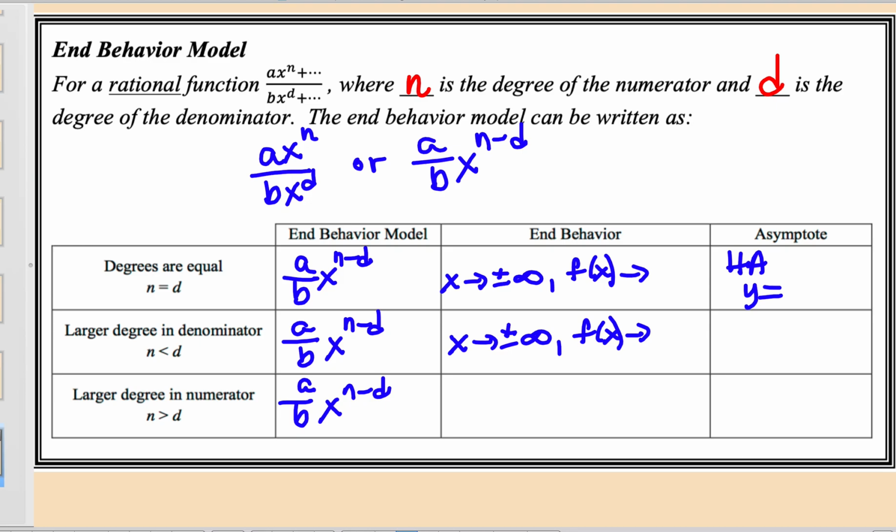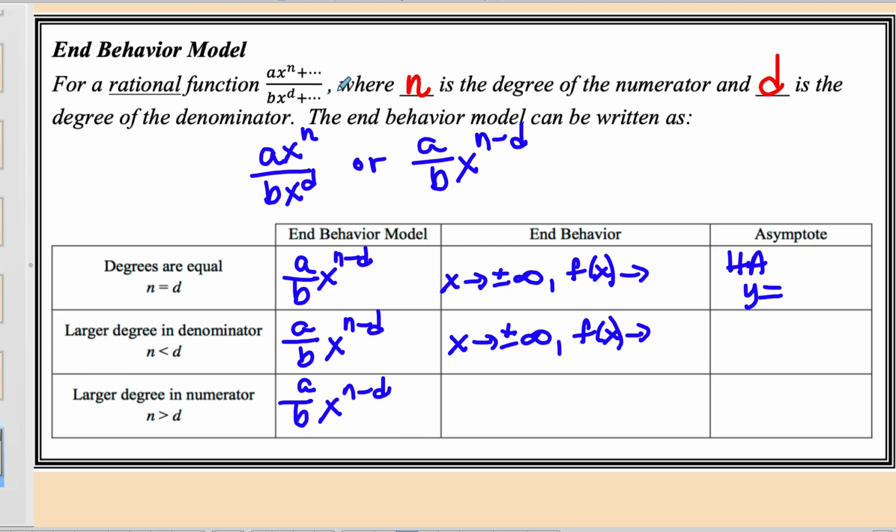Okay, in the end behavior model for a rational function, if this is a polynomial and this is the highest term, and then there are terms afterwards, and then in the denominator, this is the highest term and there are terms afterwards, we want to take a look at n, the degree of the numerator, that's the highest power, and d, the degree of the denominator, that's the highest power of the denominator. The end behavior model will be that term divided by the other term, okay?